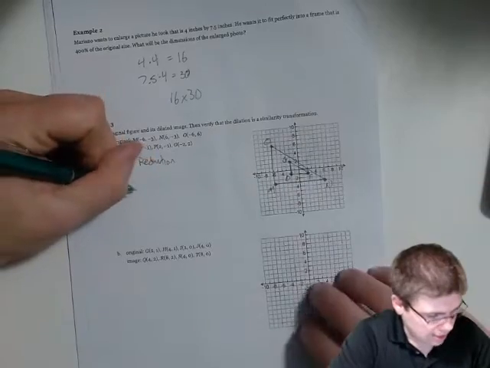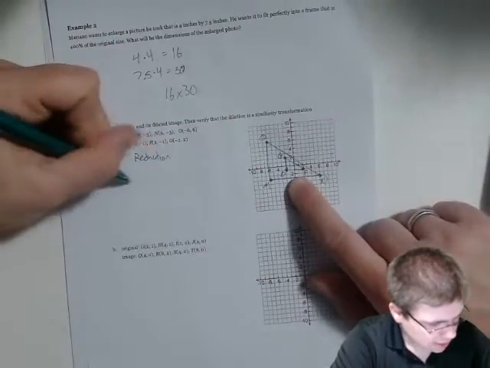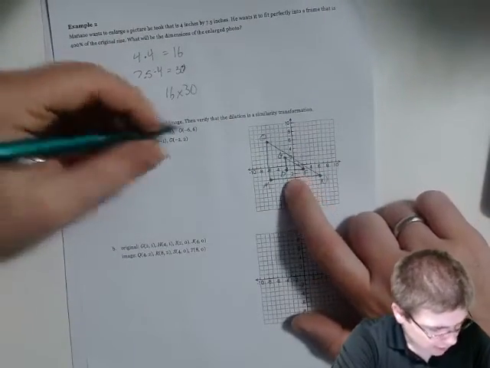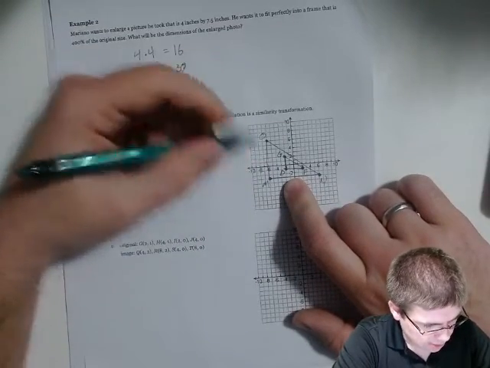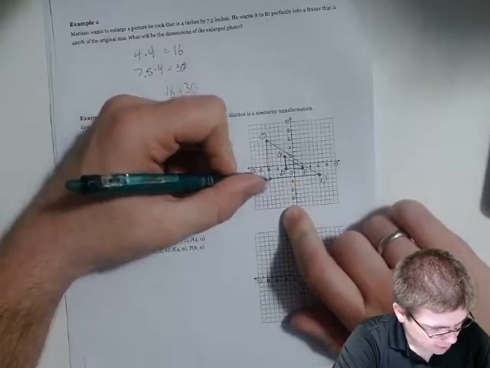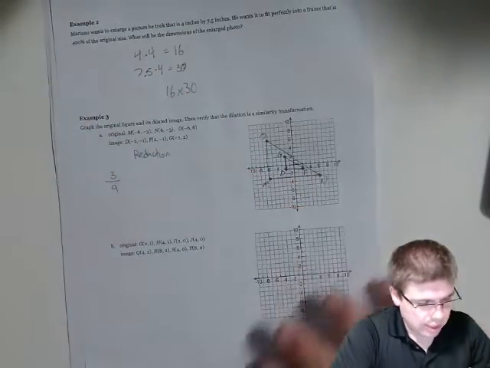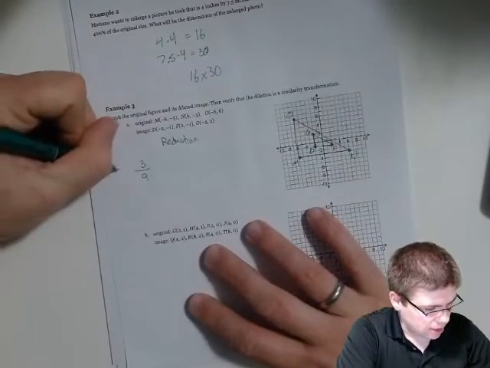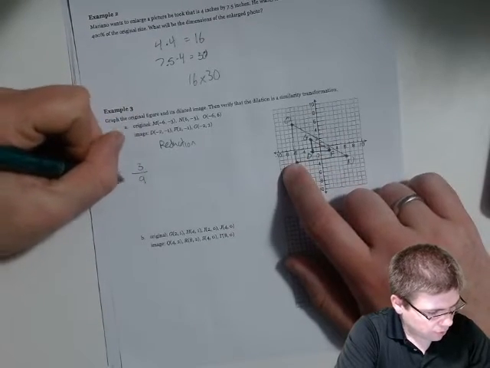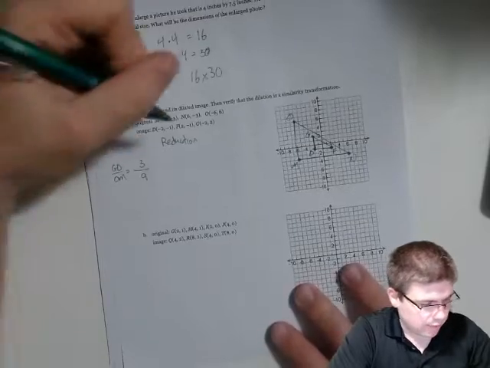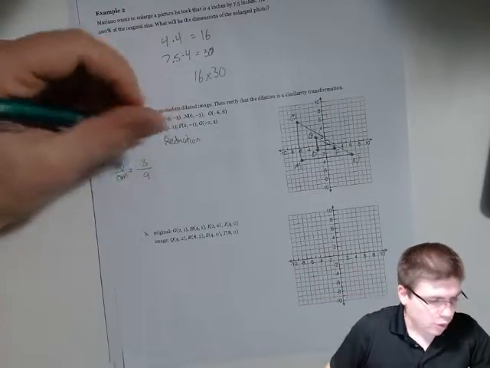If we look at GD, that length is 3, and then this length here, OM, is 6 plus 3 is 9. 3/9, right? And that's GD over OM. And so our scale factor here is 1/3.